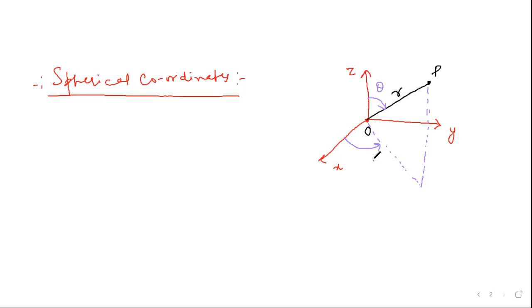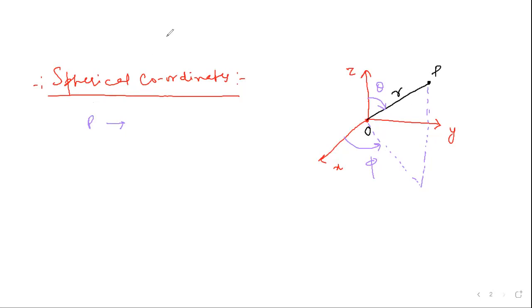This is my phi, and r theta phi, right? So point P is designated with three coordinates.